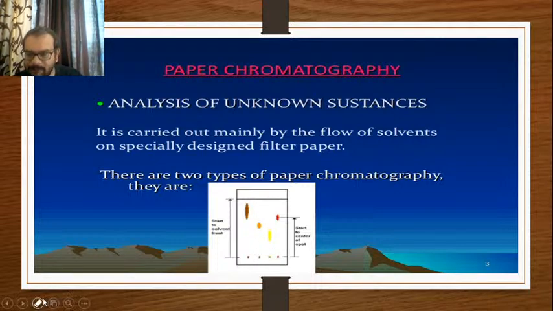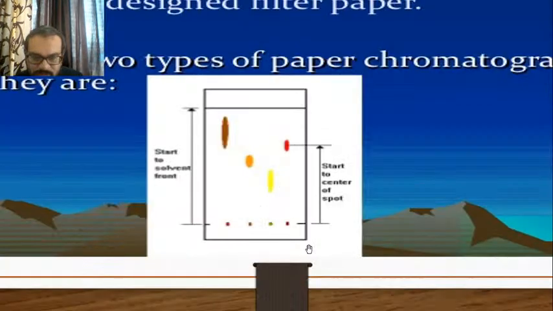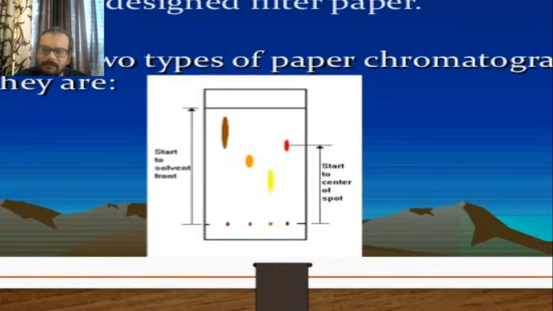Okay, there are 4 samples in this diagram. Now the first sample has the highest affinity for the stationary phase as compared to the other three samples. This yellow sample has the highest affinity for the stationary phase. The stationary phase in paper chromatography is a simple paper, called Whatman paper.